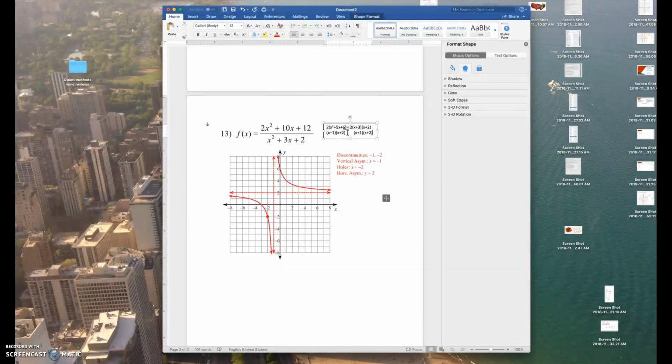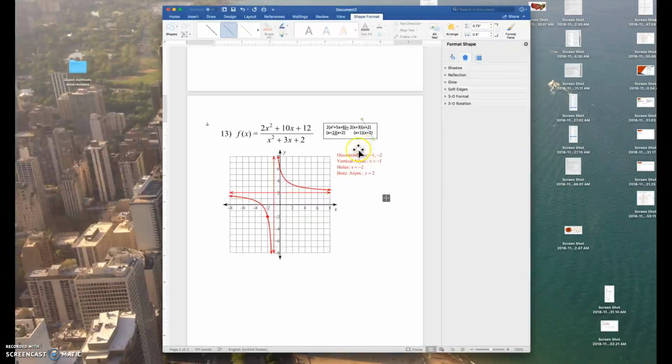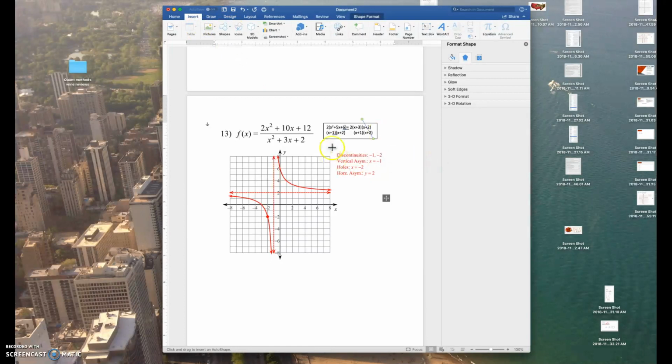Okay. I guess I could insert a line. Those guys cancel out. So you are just left with, now I need to insert another line. The x plus 2 over x plus 2 cancels out.